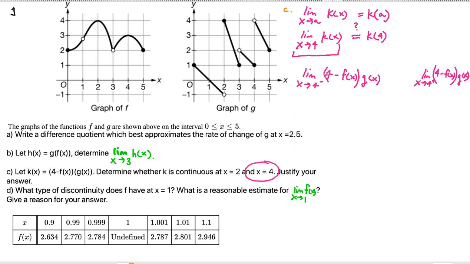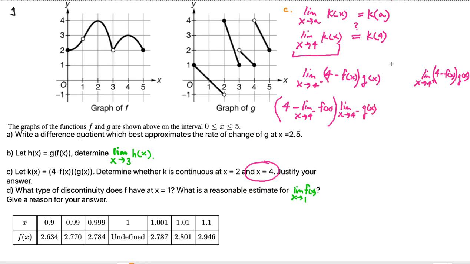And then you would simplify that left factor of that product, and you would get something like what we had in the last problem: 4 minus the limit as x goes to 4 from the left of f of x, all of that times the limit as x goes to 4 from the left of g of x.